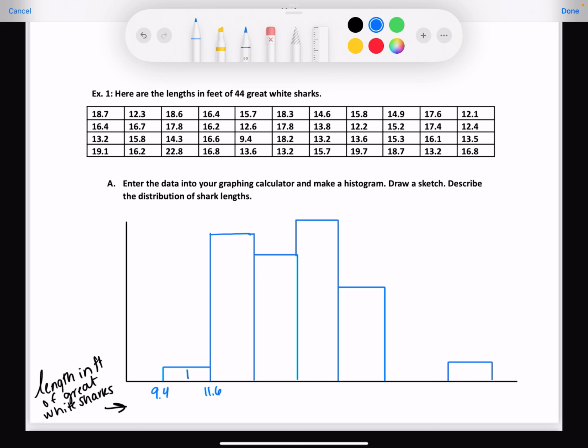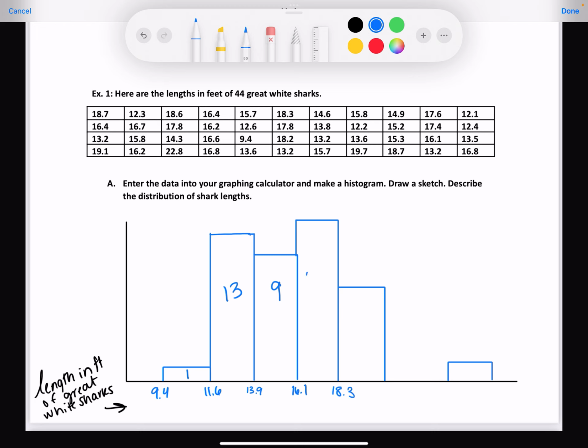Then if you arrow one to the right, the next one, it says the min is 11.6, the max is 13.9 basically. And there are 13 of those. Arrow to the right, 13.9 and 16.1. And there are 9 numbers in this box. To the right, 16.1 and 18.3.